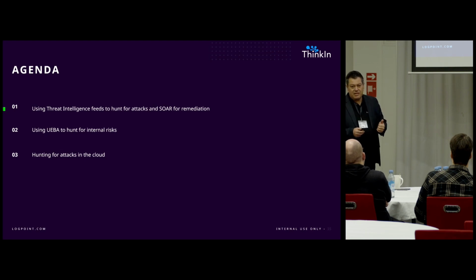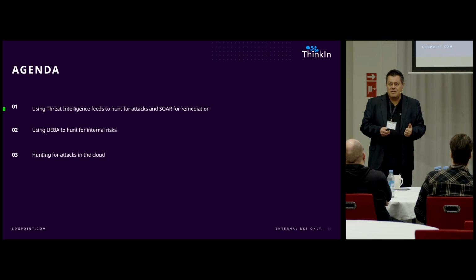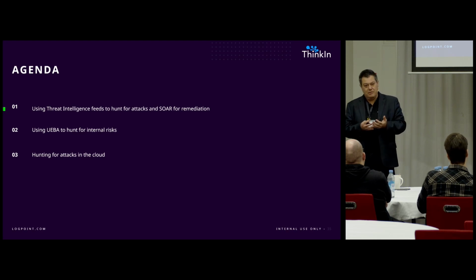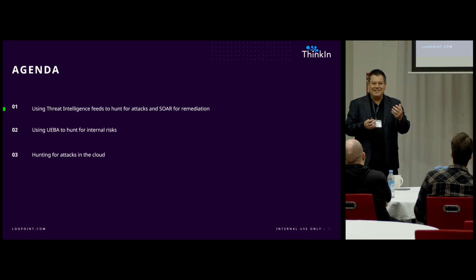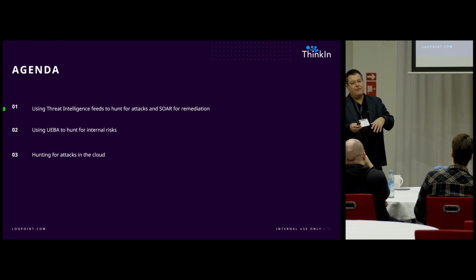Then we'll talk about using UEBA for internal risks. UEBA is also a great threat hunting tool because it detects things that are unusual, anomalies in the environment. And again, like threat intelligence, it's not that you look at it and you have one alert and then you're done, finished. It's only the beginning point for actually investigating that attack and then responding to it.